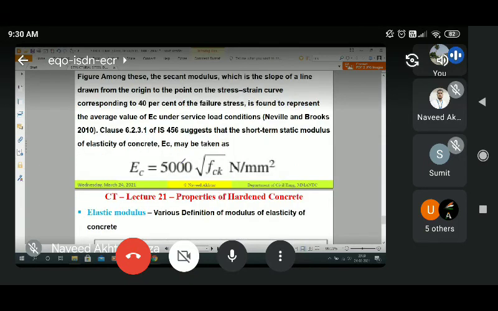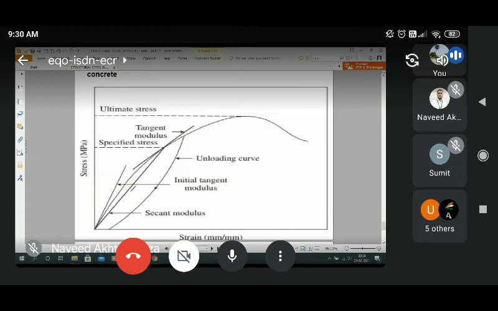You can see here the stress-strain curve of concrete. The ultimate stress will be there, and strain is also increasing after the unloading, but stress is reducing. You can see the tangent modulus by this curve at the specified stress level, and this is the unloading curve.